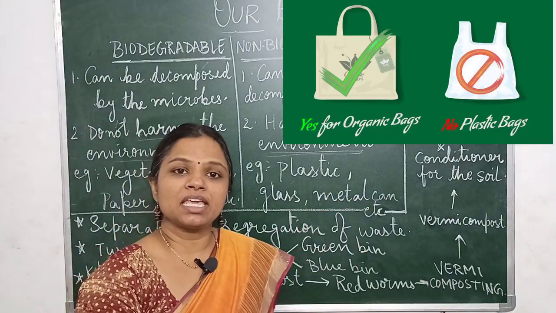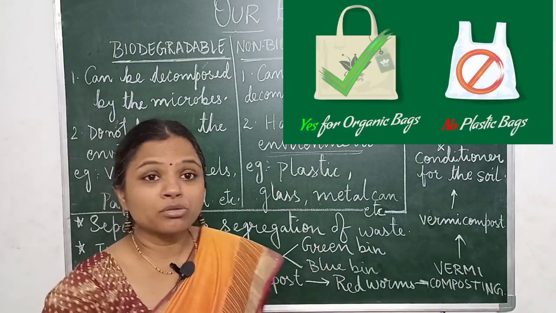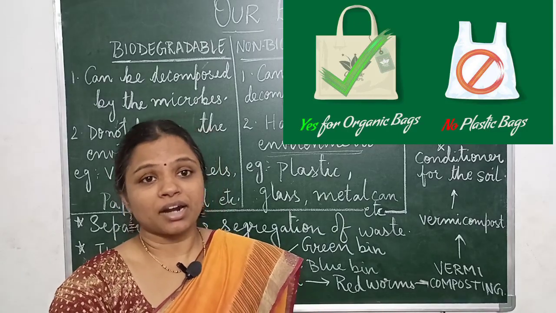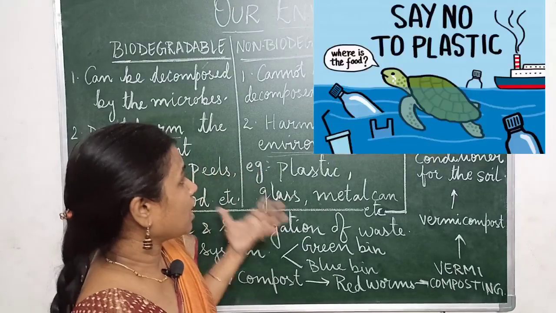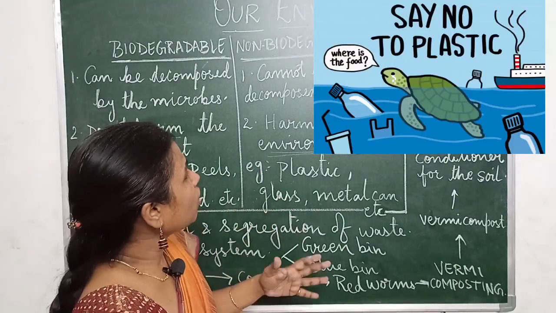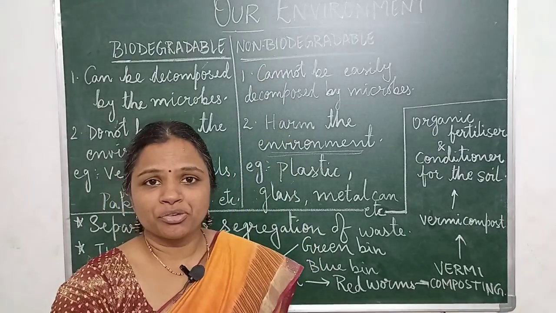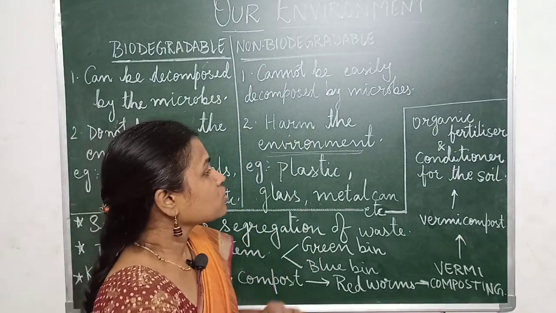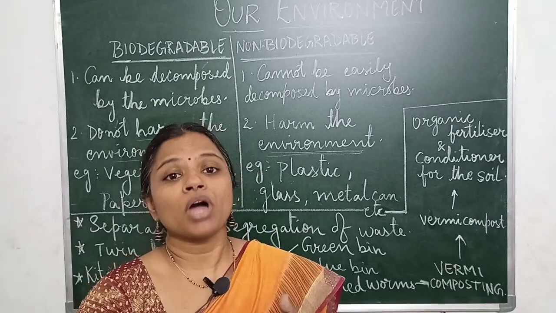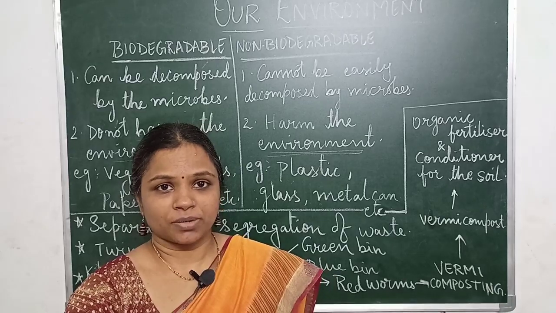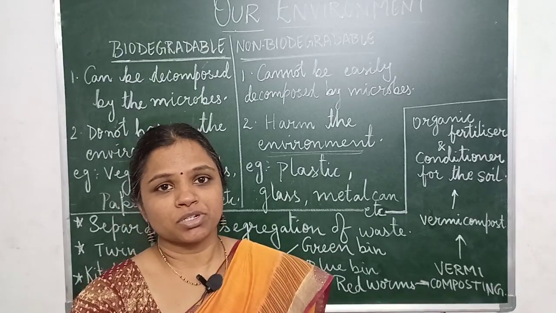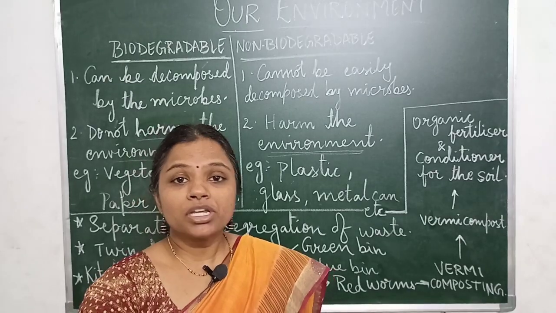Now we have been seeing that please reduce the use of plastic, or say no to plastic, conserve our environment, save our earth and all these things. Yes, it is all because of these non-biodegradable substances, right? So we should try to minimize the use of plastic, best to avoid it. If possible, whatever plastic things we have, we can try to reuse them.